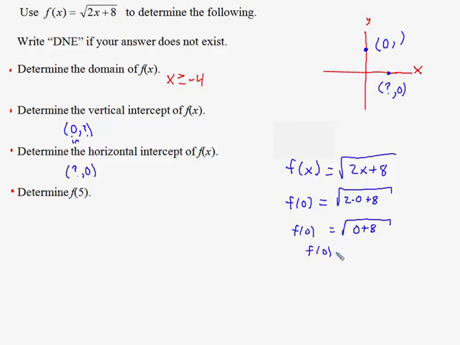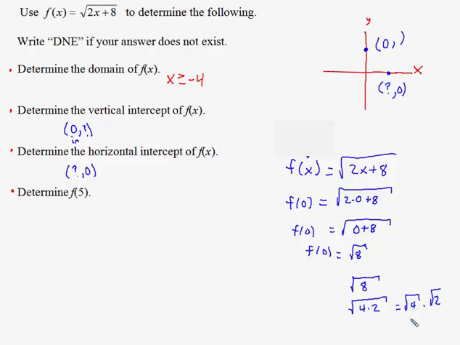and it is up to your instructor whether they let you leave that as the square root of 8. Some faculty would make you break that down into the following. They would argue that the square root of 8 could be simplified. The square root of 8 could be broken down into a perfect square, which is 4 times 2. And the reason for doing that is at least the square root of 4 would come out nice. In fact, there's a property that says that as long as one of these is positive, and it turns out both of them are positive, you could break this down into the square root of 4 times the square root of 2.